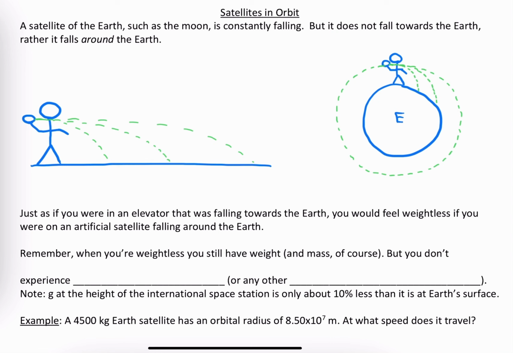Same thing is happening for astronauts in the space station. The space station is accelerating towards the Earth at, again, let's say 8.8 meters per second squared. The astronaut inside the space station is also accelerating towards the Earth at 8.8 meters per second squared. So as long as the space station and the astronaut remain above the ground, the astronaut is going to feel as if they're floating in the space station.